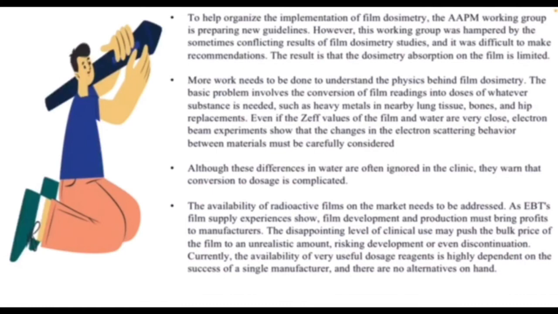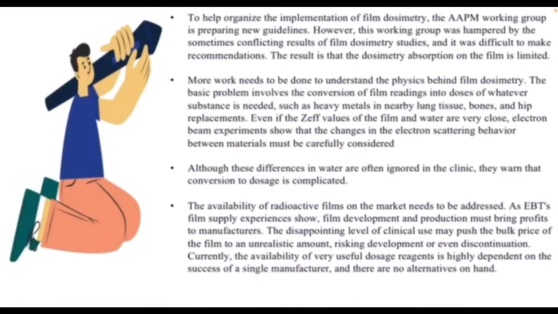The result is that the dosimetry absorption on the film is limited. So more work needs to be done to understand the physics behind film dosimetry, and the basic problem involves the conversion of the film reading into dose in whatever substance is needed, such as a heavy metal nearby lung tissue, bones, and hip replacement.